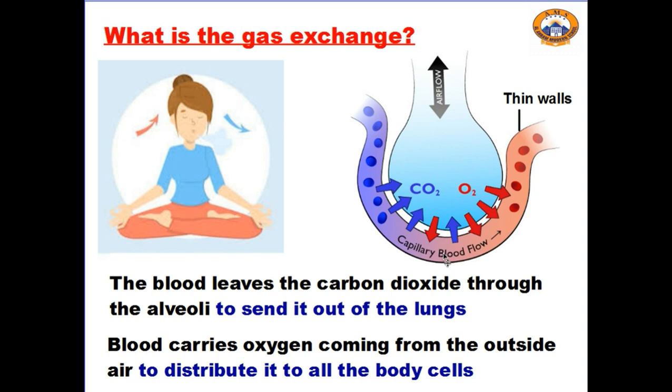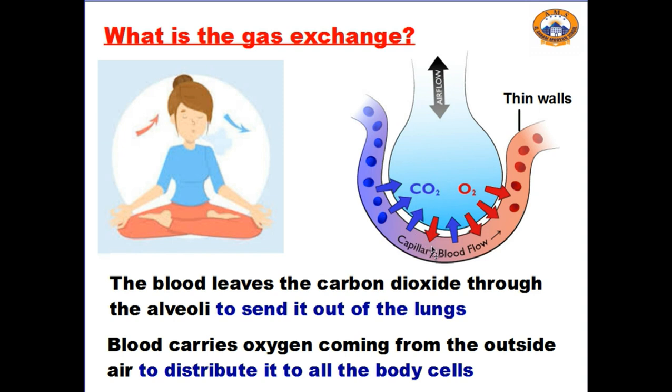The blood takes something from the alveoli, something useful, something important, which is the oxygen, and transports it to the body cells. And instead, it's going to leave the carbon dioxide inside the alveoli, so it is going to go outside the body.